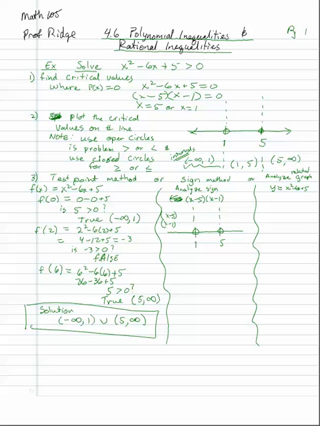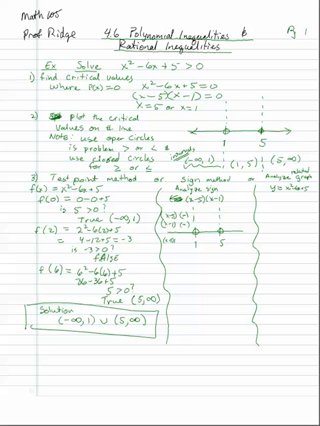So say we picked 0, so we're going to have negative 5. I don't care that it's 5. Negative 1. And then the negative times the negative.